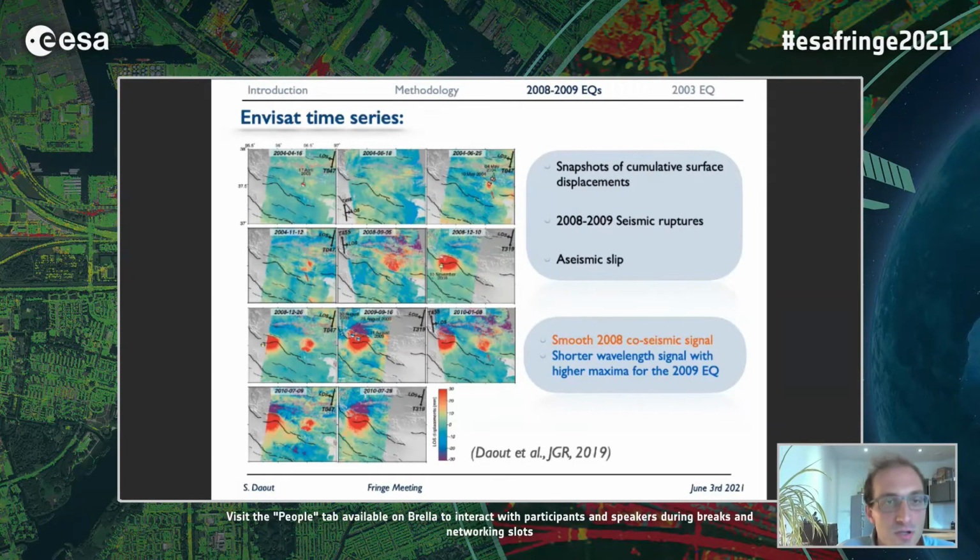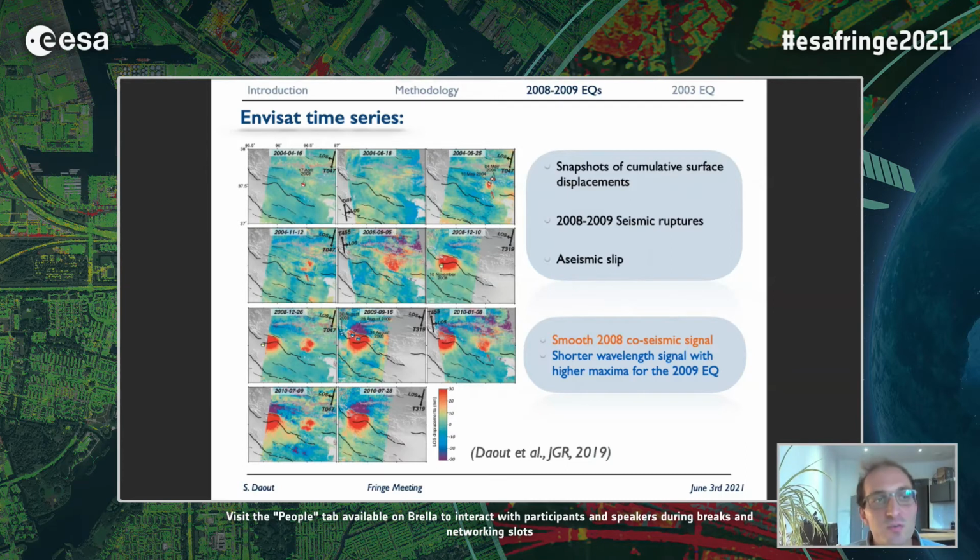You have here a snapshot of cumulative displacement in time, which are dominated by the coseismic ruptures. We have this long wavelength associated to the deep 2008 earthquake. And after, this shorter wavelength signal associated to the shallow south dipping 2009 earthquake, which is segmented and shows both uplift in red and subsidence in blue.